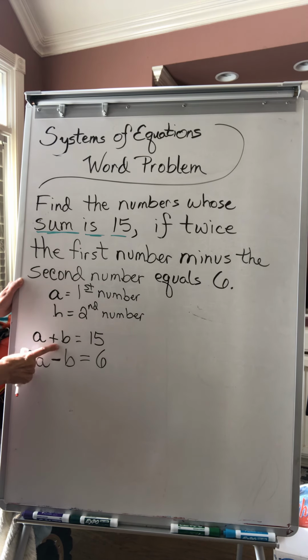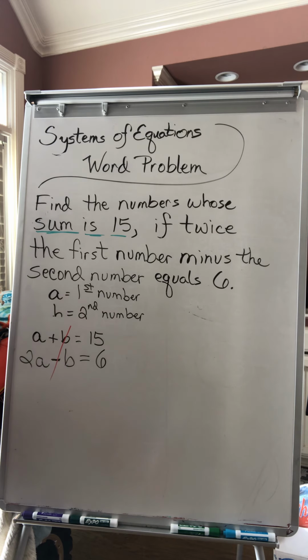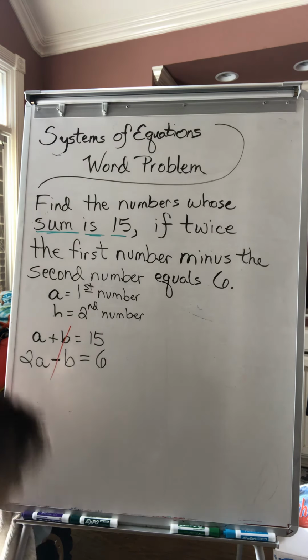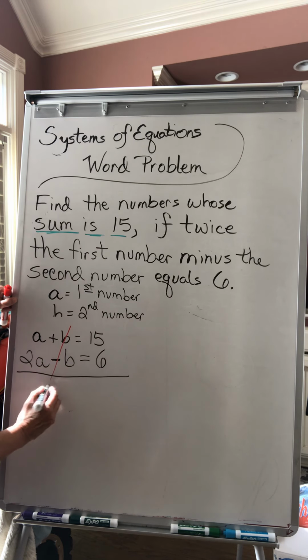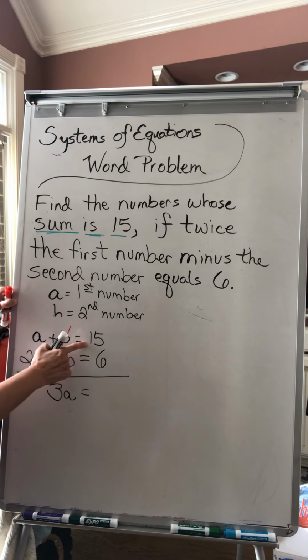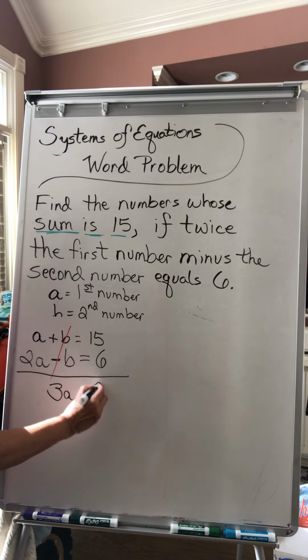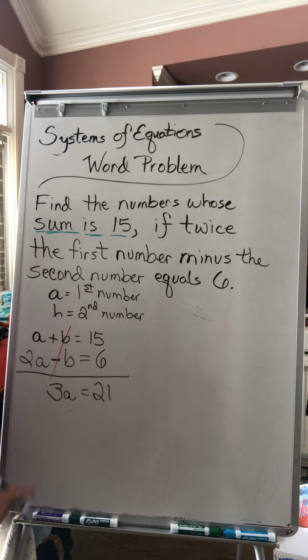I have a positive B and a negative B that are going to cancel each other out. So they are out of there. Now I can solve for my unknown A. 1A and 2A, that's going to give me 3A, and 15 and 6 are going to add up to 21. So now I have my one unknown that I'm solving for.